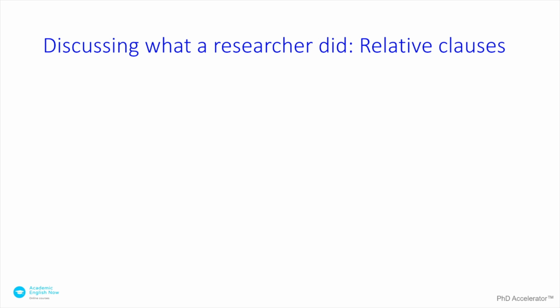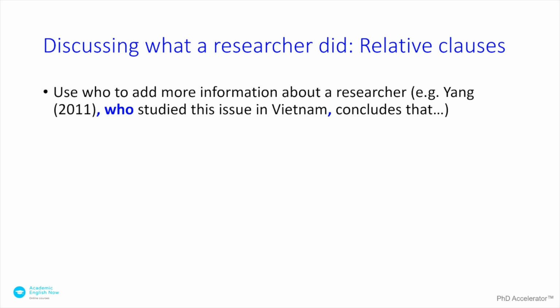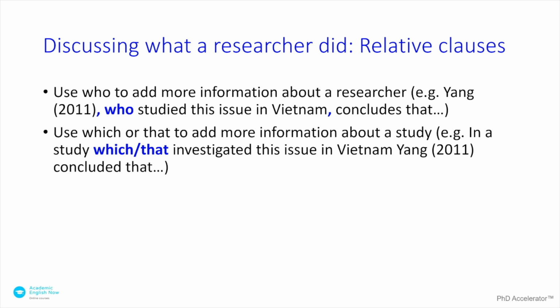But that's another way of doing this, right? So, with relative clauses, those with who and which, there are a couple of important points. Use who to add more information about a researcher, so a person. And notice that you always put a comma before it and a comma at the end of that clause as well, right? And use which or that to add information about a study.